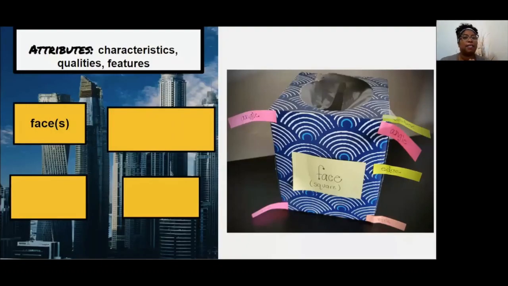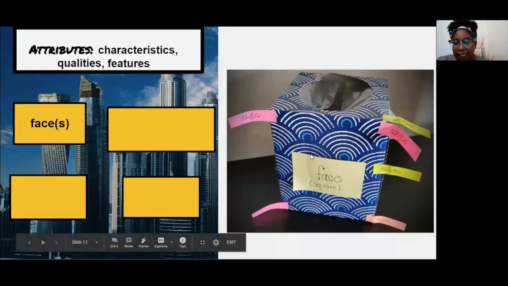Let's explore the word attributes just a little more. What did we say attributes were? Yes, they are the characteristics or the qualities or even the features of a shape. We're going to use this real life example of a cube to explore its characteristics. The first characteristic is the faces.